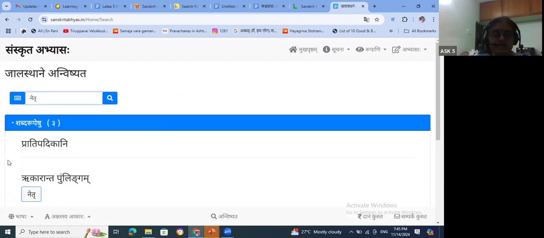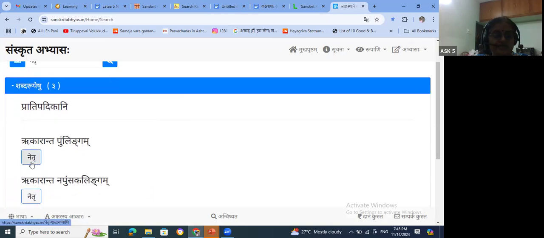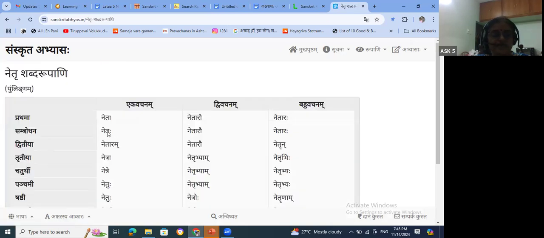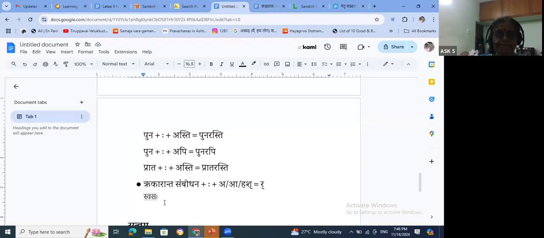These are Tru Shabdas. So Netra will become Netaha. Through Rikaranta, two forms are there. By nature, there will be Rikaranta Shabda, or you add the Trich Pratyaya to make it Rikaranta. I hope everybody knows this. Now Swasaha, Rikaranta Sambodhana Shabda.